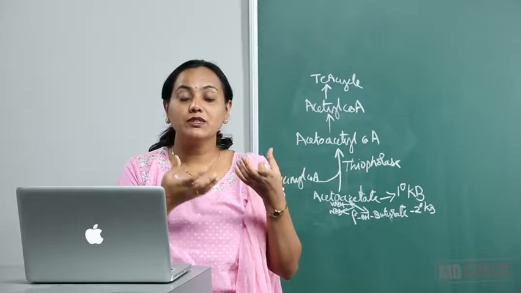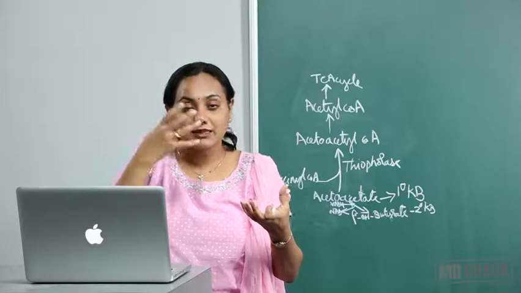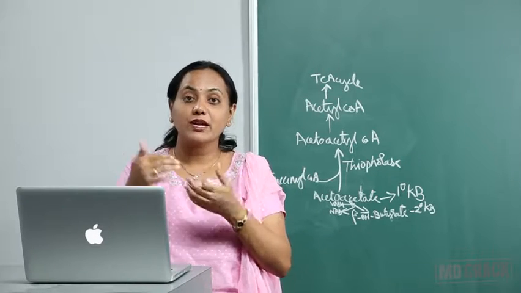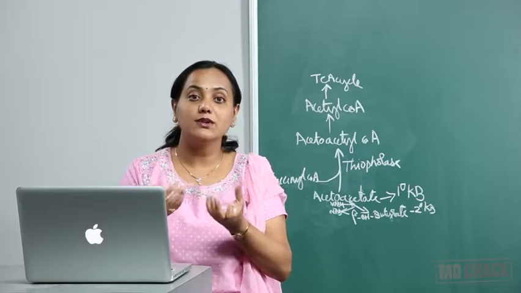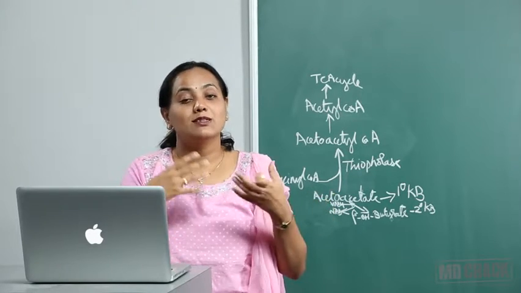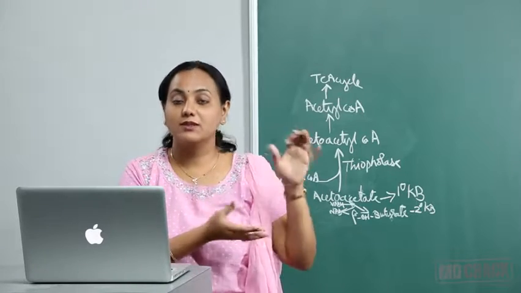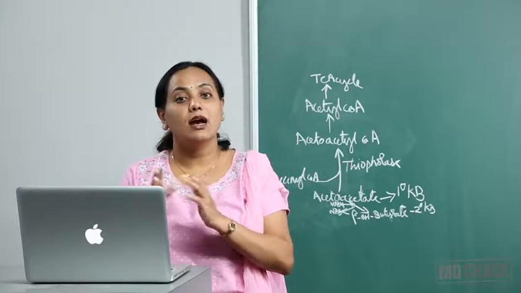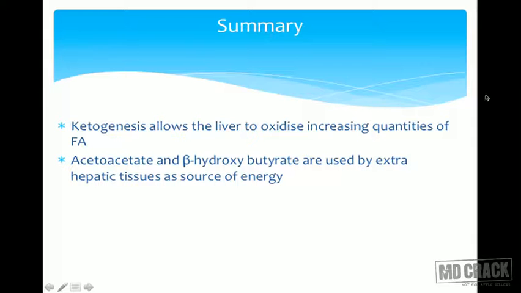Gluconeogenesis requires energy, and that comes from beta oxidation. If all this oxaloacetate had gone for the TCA cycle, gluconeogenesis would have been hampered. So for the sake of gluconeogenesis, it has an alternative pathway: it can oxidize fatty acids and help in the formation of ketone bodies.